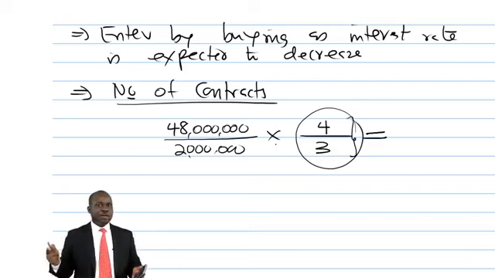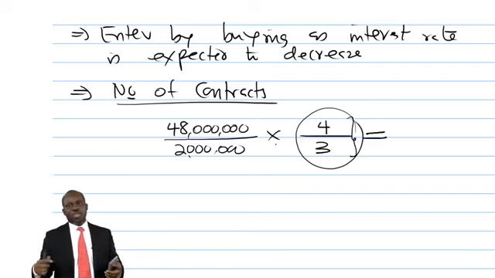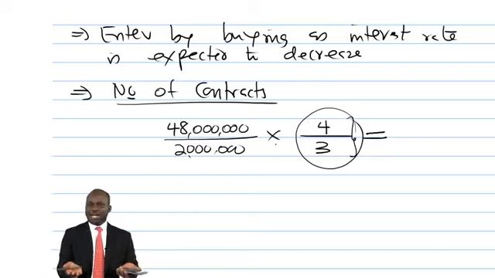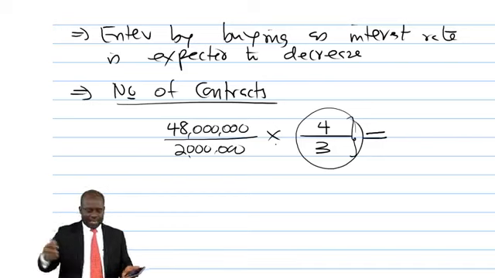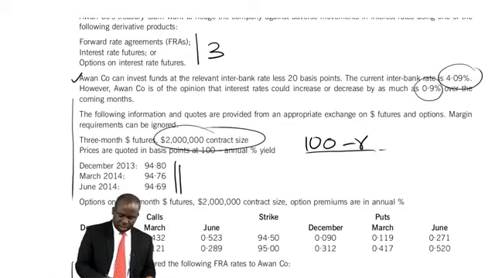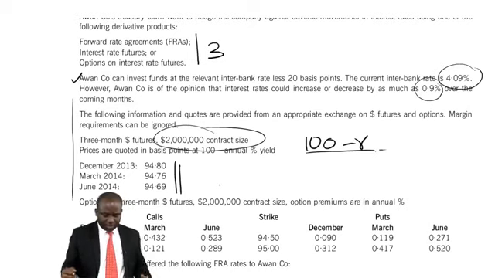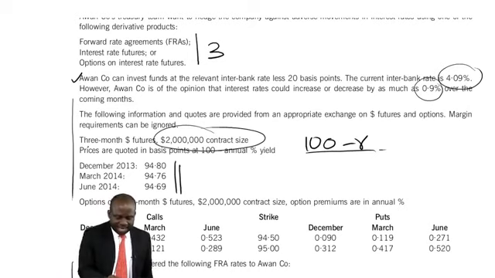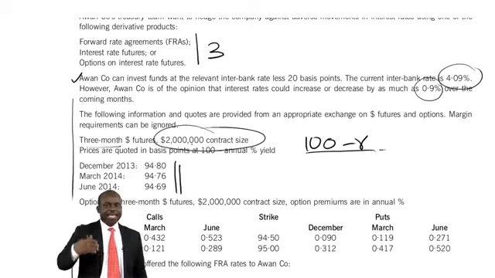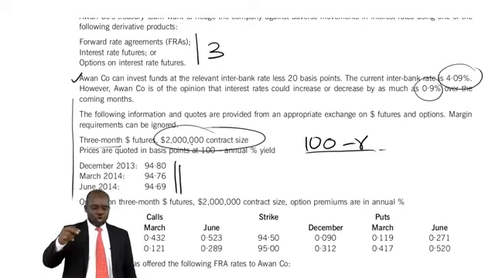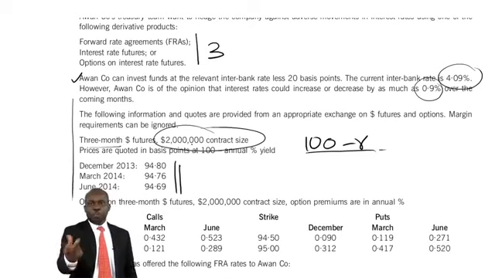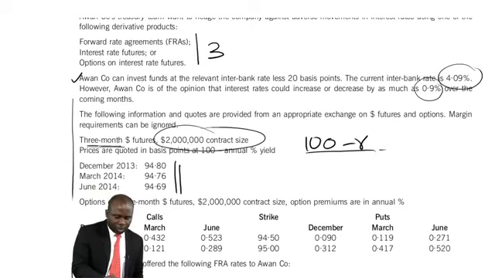If your period of borrowing or investing does not match with the 3 month normal cycle, if you go to the question, you will see it here: 3 month dollar futures. It means this is giving you the obligation to either lend or borrow for a period of what? 3 months.